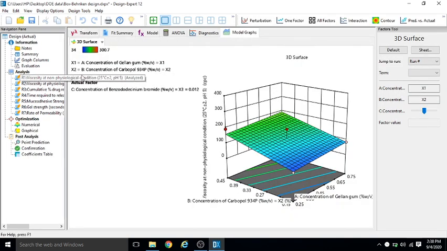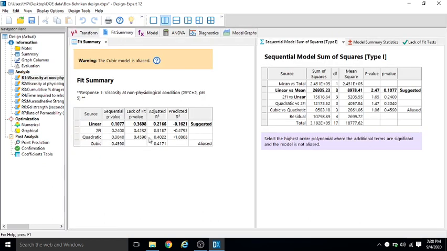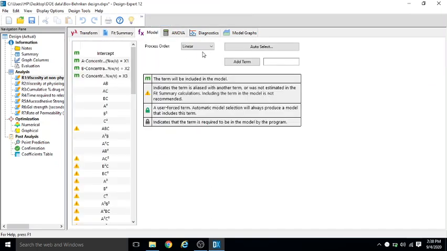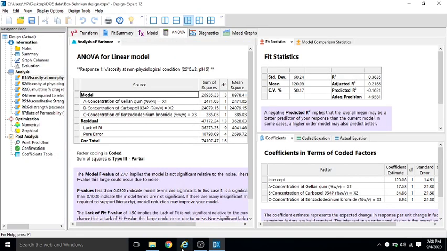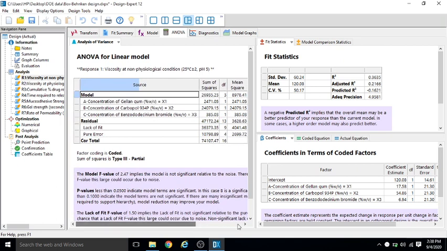Once again, if you see the viscosity, a transformation is suggested, not linear, instead of quadratic. Here we have selected linear, that is auto selected, right? And after that, when we go for the ANOVA, the ANOVA is not significant, right? So it is not significant, and the reason is the p value.